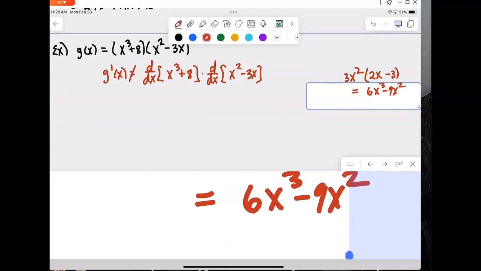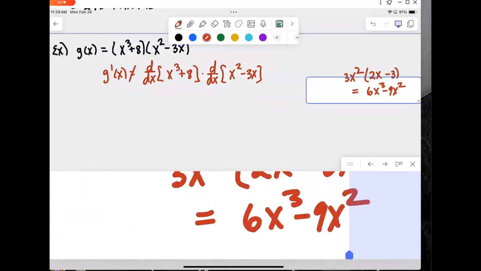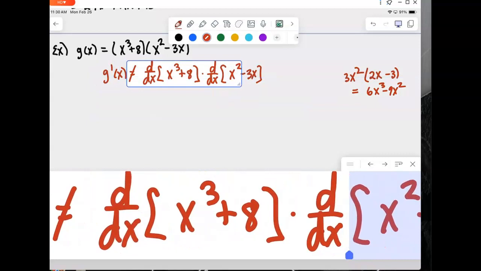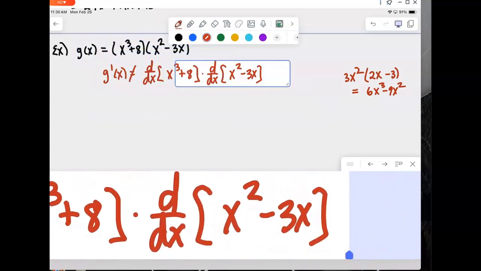Okay, we're going to actually work out the derivative of our problem here to see that it is not this. In fact, it's not even anywhere close to all that stuff. But the important idea here is we cannot distribute derivatives across multiplication and division.